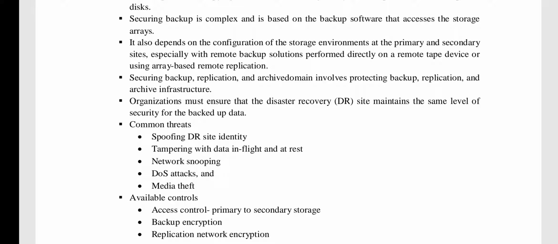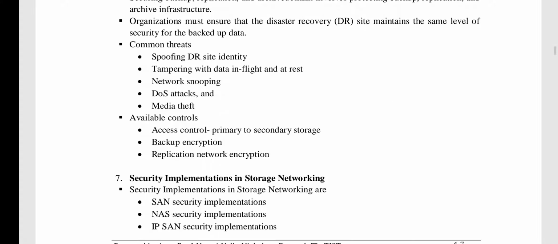That is, there must be a site for disaster recovery. Okay, so a threat would be to spoof the identity of the disaster recovery site. Now tampering with the data in flight, at rest, network spoofing, DOS attacks are all threats in the backup area. Then available controls are again access control, encryption, okay, of the replication network and so on.